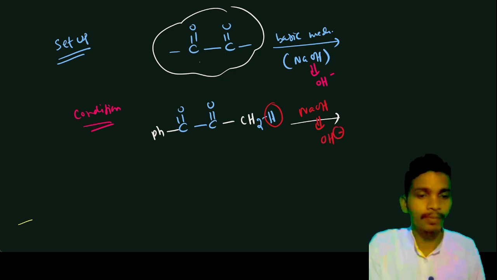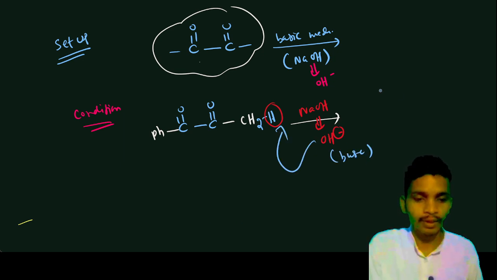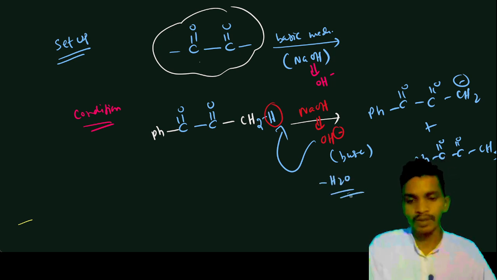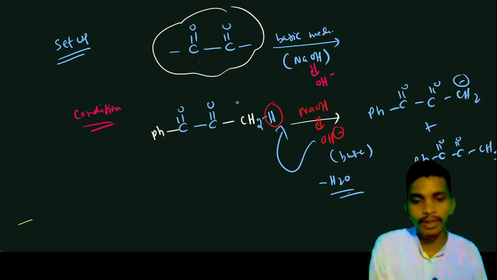This OH minus acts as a base and will abstract this acidic proton. And the acid base reaction will happen. It means that Ph-CO-CO-CH2 minus is formed, plus Ph-CO-CO-CH3 is there. So they will undergo the acid base reaction, and water will be released. So some other reactions will happen. So the condition is that there should be no acidic protons, to avoid this type of acid base reaction.